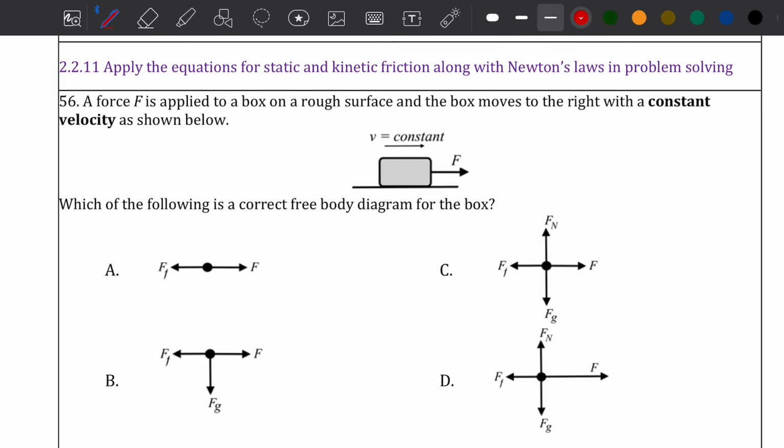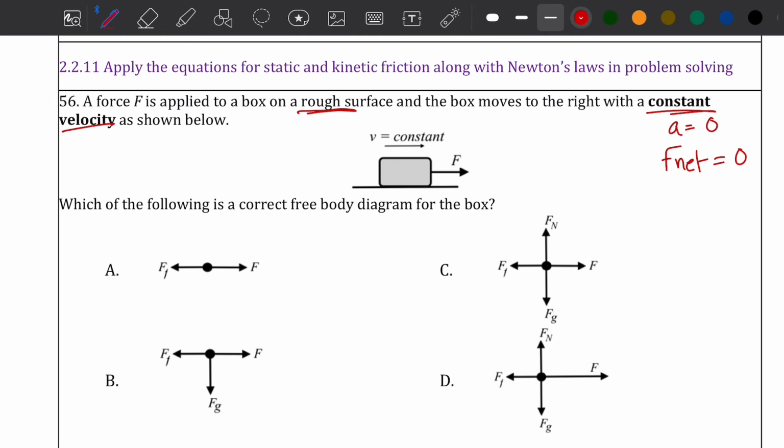A force F is applied to a box on a rough surface, so there will be friction, and the box moves to the right with a constant velocity. So constant velocity means acceleration is equal to 0, which means F net will be equal to 0.